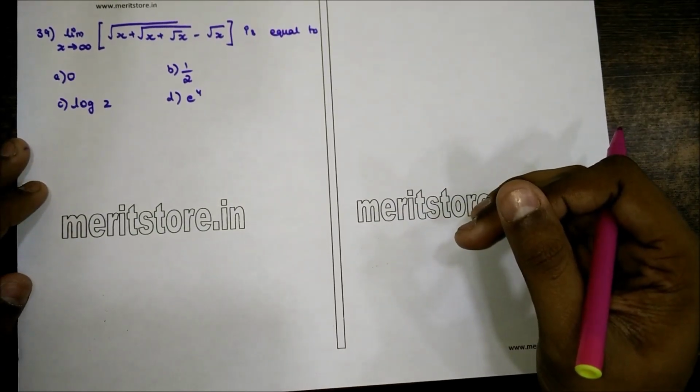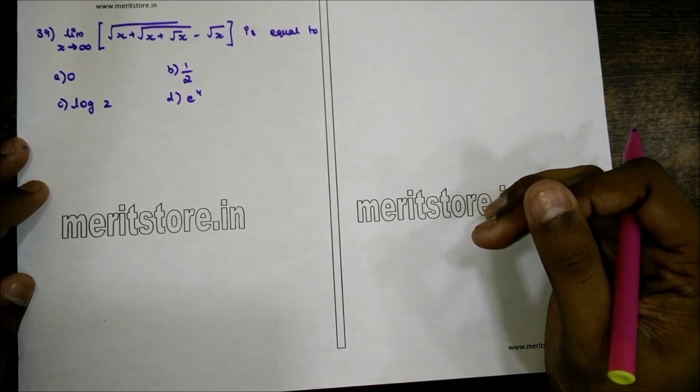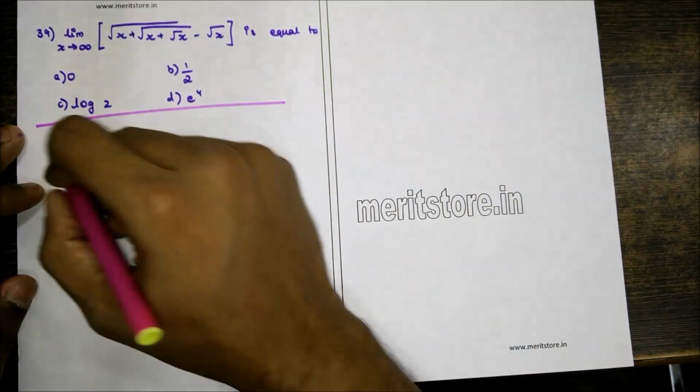Limit of x tends to infinity of root of (x plus root of (x plus root of x)) minus root x is equal to: a) 0, b) 1 by 2, c) log 2, or d) e raised to 4.